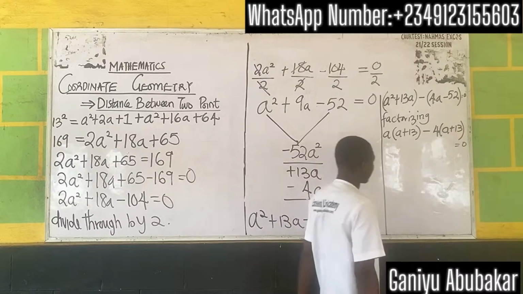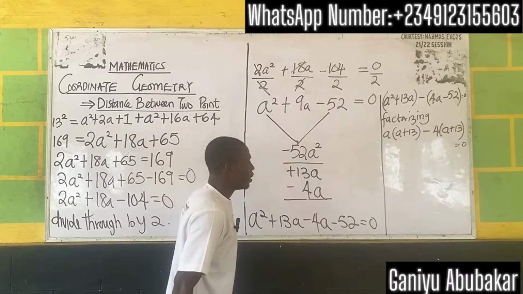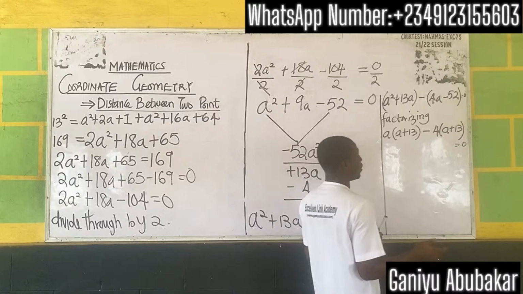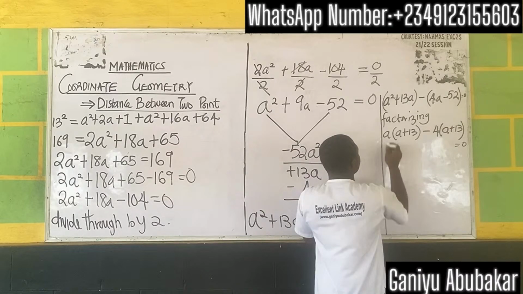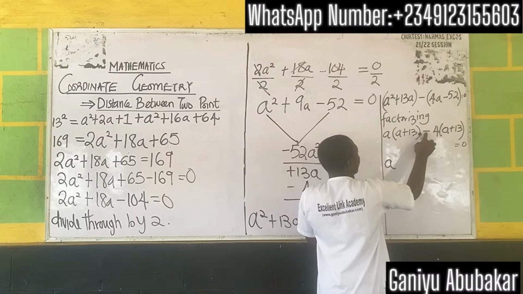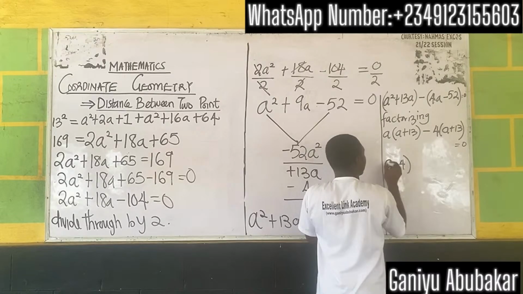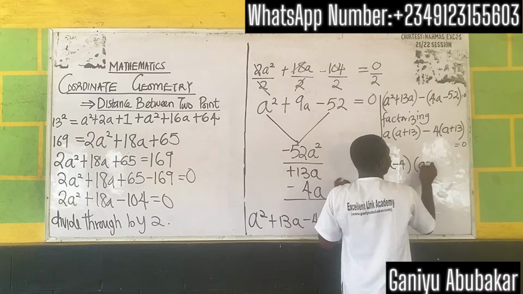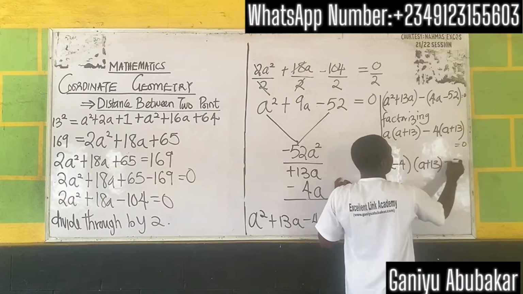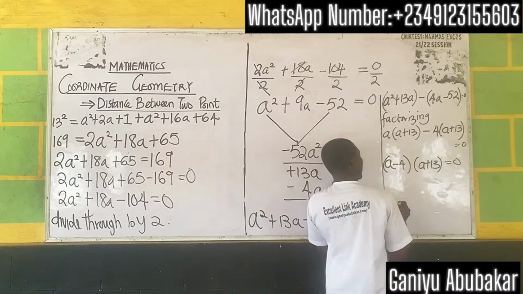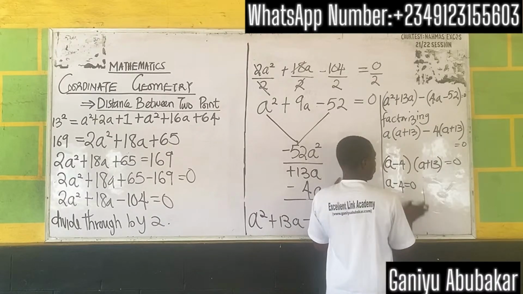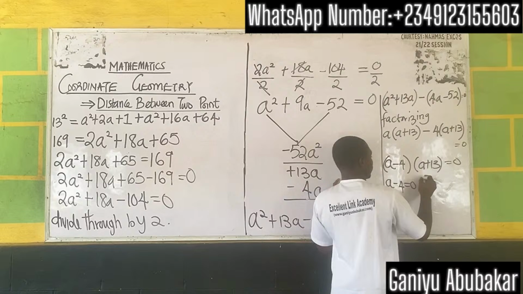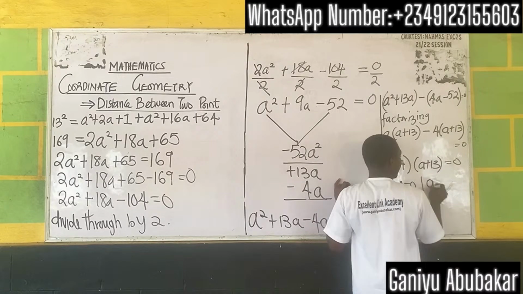All right, so what will be my answer here? In this case, I'll have two values of a. So a minus 4, into a plus 13 equals 0. My two answers become a minus 4 equals 0, and a plus 13 equals 0.